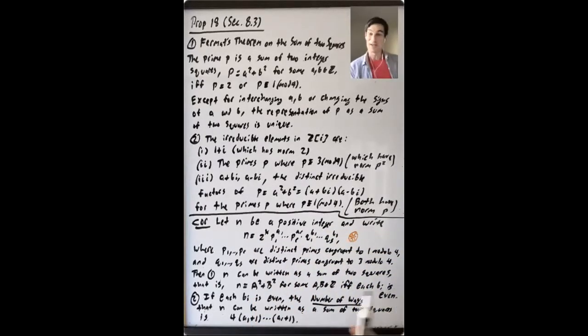Okay, so in this case, where this condition does hold, that each one of these primes that is congruent to 3 mod 4 occurs an even number of times in the factorization of n, how many integer solutions are there to n equals a squared plus b squared? Well, the number of ways that n can be written as a sum of two squares is 4 times (a1 plus 1) times (a2 plus 1) times (ar plus 1).